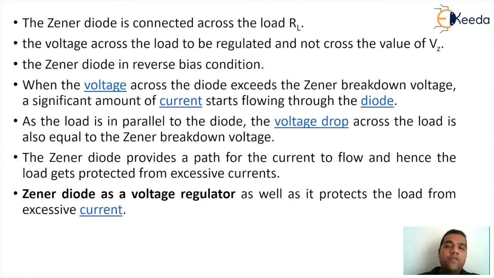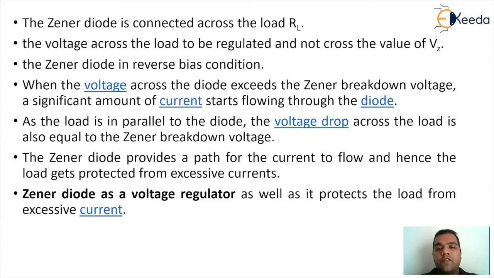The possible fluctuations on the input side can be a rise or a fall in the input voltage value. Suppose the Zener current is Iz, the voltage across the Zener is Vz, the load current is IL, and the current given by the source is I with an input Vi.